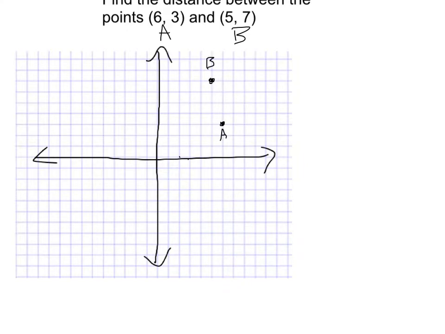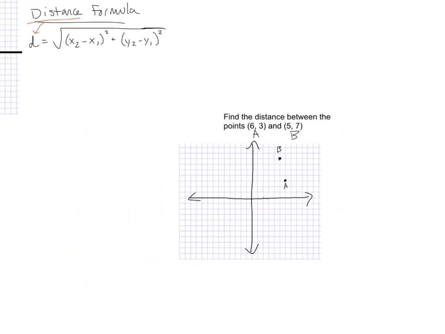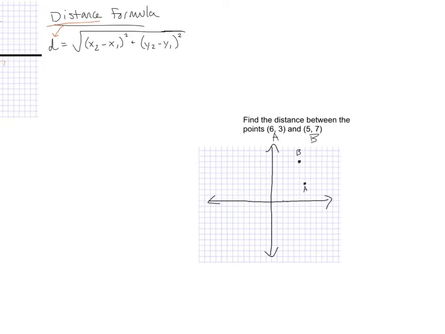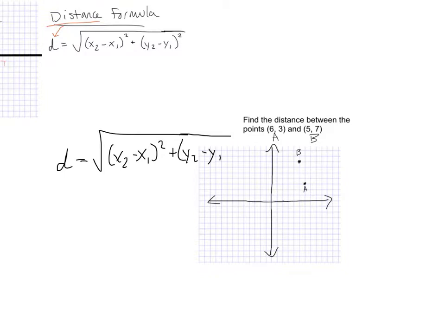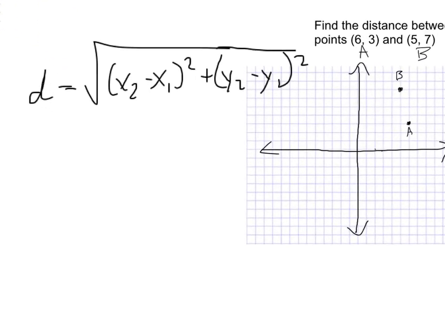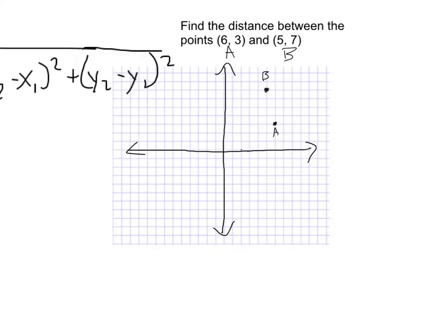Okay, and I can't just count because they're not on the same grid line. So I need to use the distance formula. Okay, so again, the distance formula. D equals the square root of (x2 minus x1) squared plus (y2 minus y1) squared, okay? So what does that mean? Well, we have x's and y's in there, and we have to remember that our points are made up of x and y coordinates, okay?